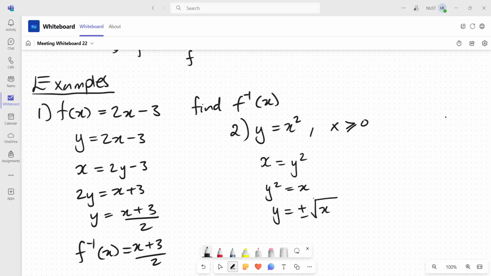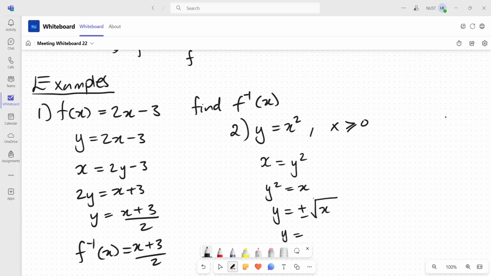Now here, you need to remember that the function must be one-to-one, so it cannot be plus and minus. Remember what the initial condition was: x must be positive. So we have a choice, either positive or negative, and we must take the positive.